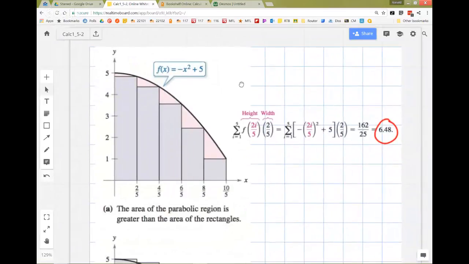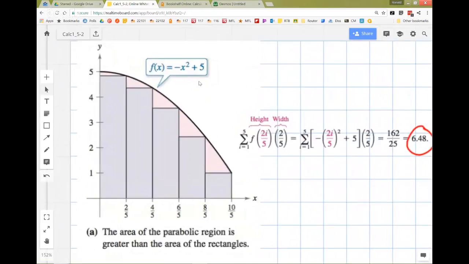Okay. Now, we're going to talk a little bit about area. So here we have an upside down parabola. Its equation, you can see in the blue, is negative x squared plus 5. Okay? And what we've done is we've drawn in some rectangles that fit underneath the curve.